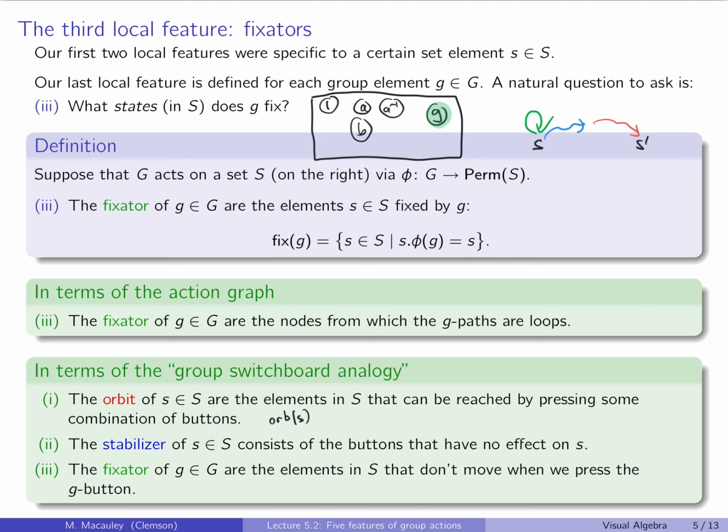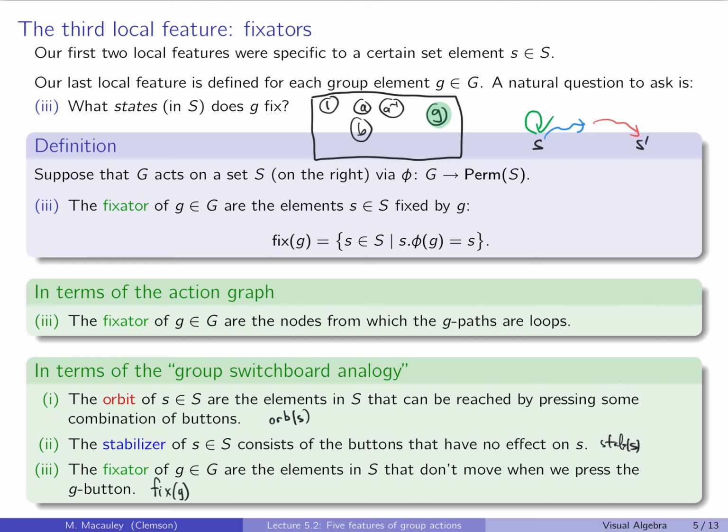The stabilizer is stab of s, and the fixator is fix of g. Again, I like to use lowercase because these are local features. I don't know any other source that does that. I think some sources use stab, but I more often than not see capital S and often a capital O as well.